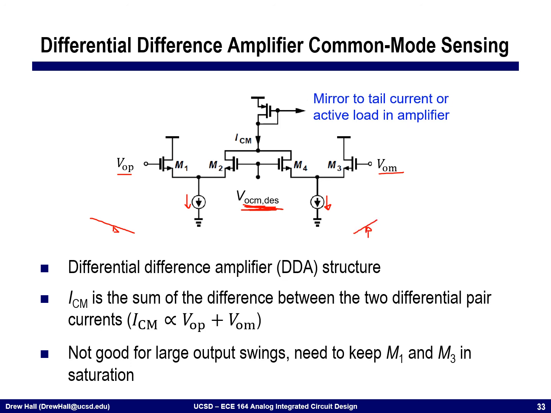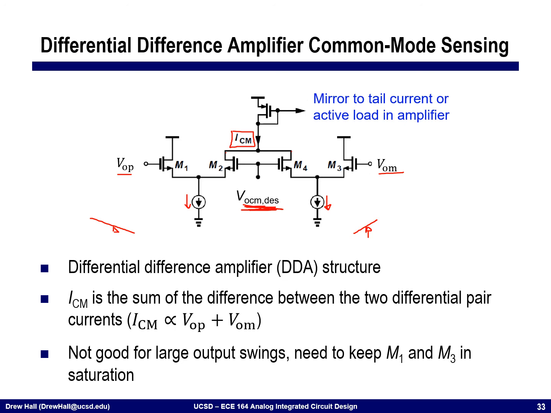Where we're steering this current either to VDD, we're just pulling it out, or we're going to sum these 2 currents into this variable here, ICM, because I've tied the outputs of both sides of this together. Okay, and so what this circuit does is ICM is proportional to VOP plus VOM, and so this lets me sense the common mode current here.